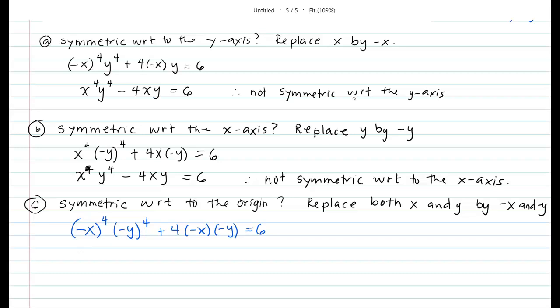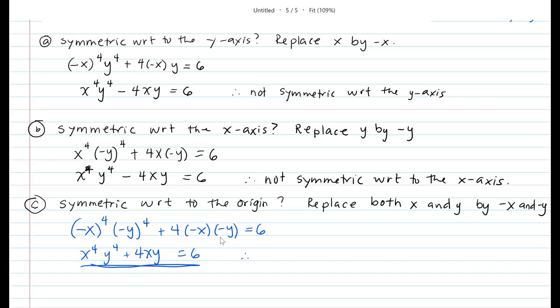So negative x to the fourth is x to the fourth. Negative y to the fourth is just y to the fourth. Then negative x times negative y is positive xy. So plus 4xy equal to 6, which is just the original equation.